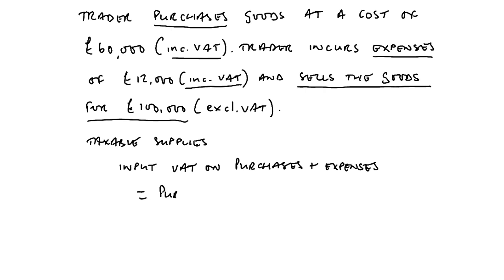So how much input VAT would that be? Now on the purchases, the VAT inclusive figure is 60,000. Now be very careful here. That is 60,000 inclusive of VAT. Remember what inclusive of VAT means.